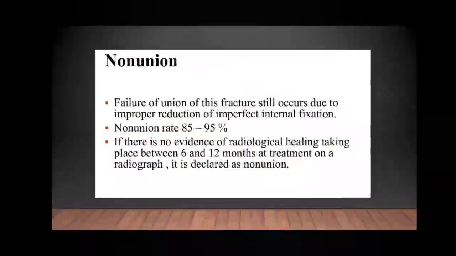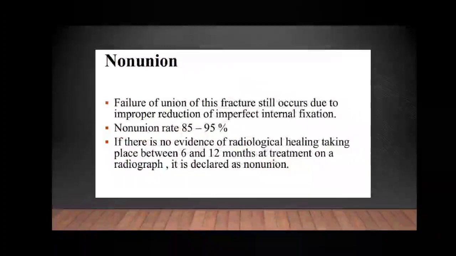Non-union. So what is non-union? Non-union is a failure of union of the fracture, which occurs due to improper reduction or imperfect internal fixation. Non-union rate in fractured neck of femur is 85 to 95%.